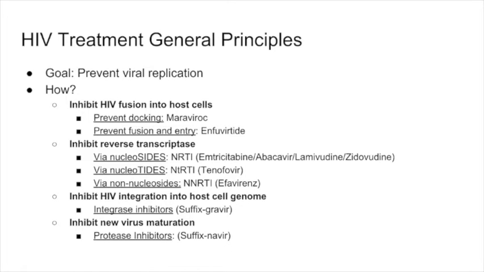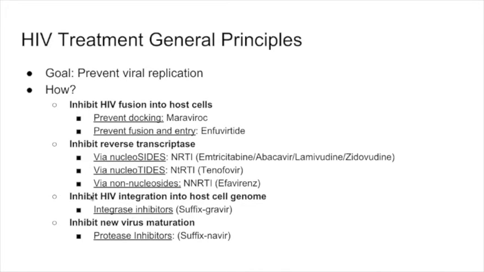This is a medication that binds the reverse transcriptase at a different site than the base. These are called the non-nucleoside reverse transcriptase inhibitors. An example of that is efavirenz.